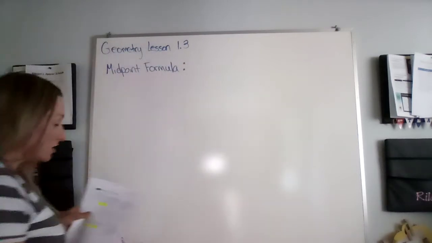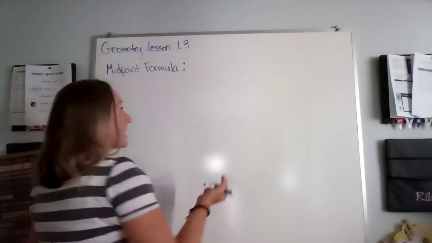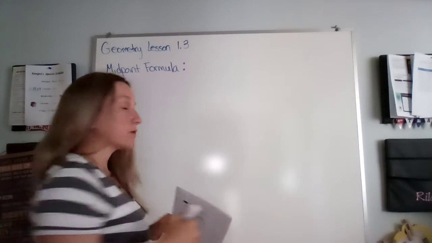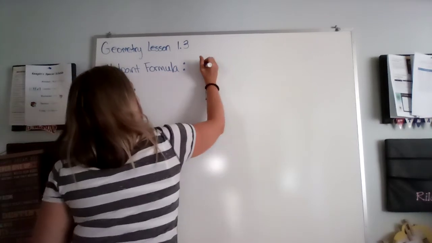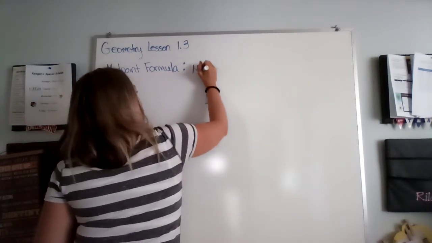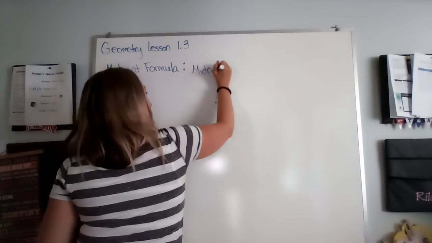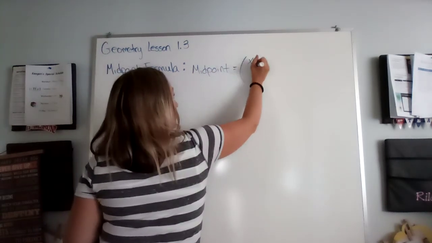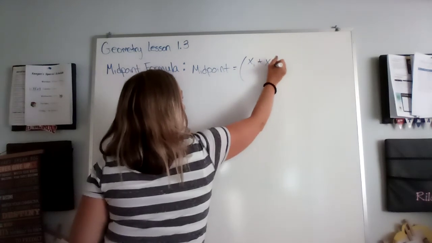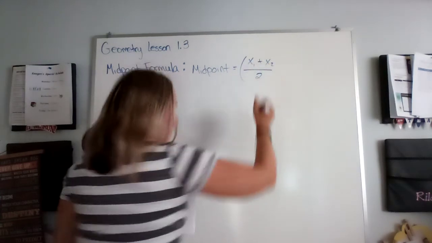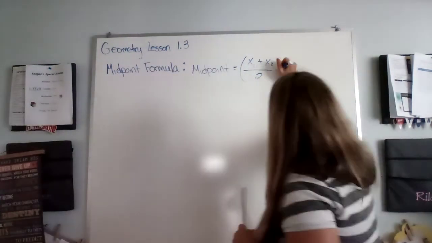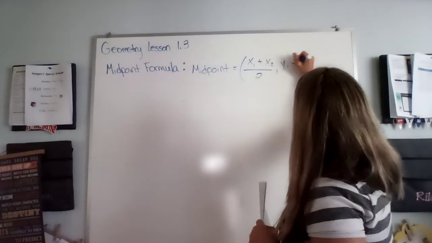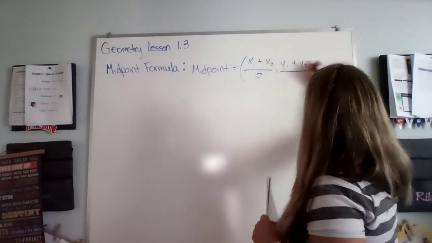But all you need to do is find the average of the x coordinates and the average of the y coordinates of its endpoints. So the formula is that the midpoint is equal to the average of the x's. So you take x sub 1 plus x sub 2, and divide by 2. And then the average of the y's. y sub 1 plus y sub 2 divided by 2.